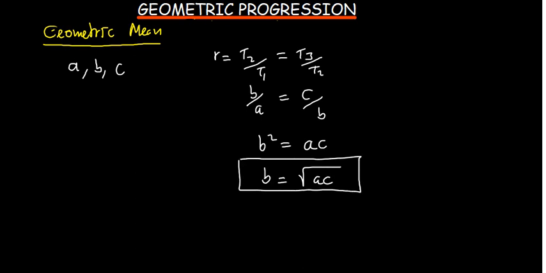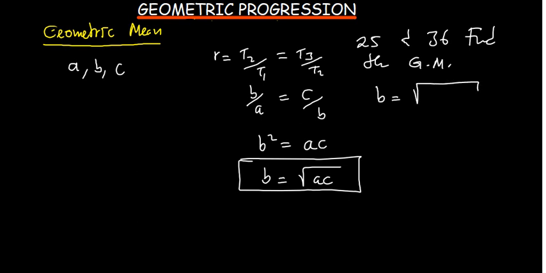So if you are given two terms, let's say you have got 25 and 36, they say find the geometric mean. To find that, we are just going to say b is equal to the square root of ac. So get the first one, which is 25, and then multiply by the second one, which is 36.